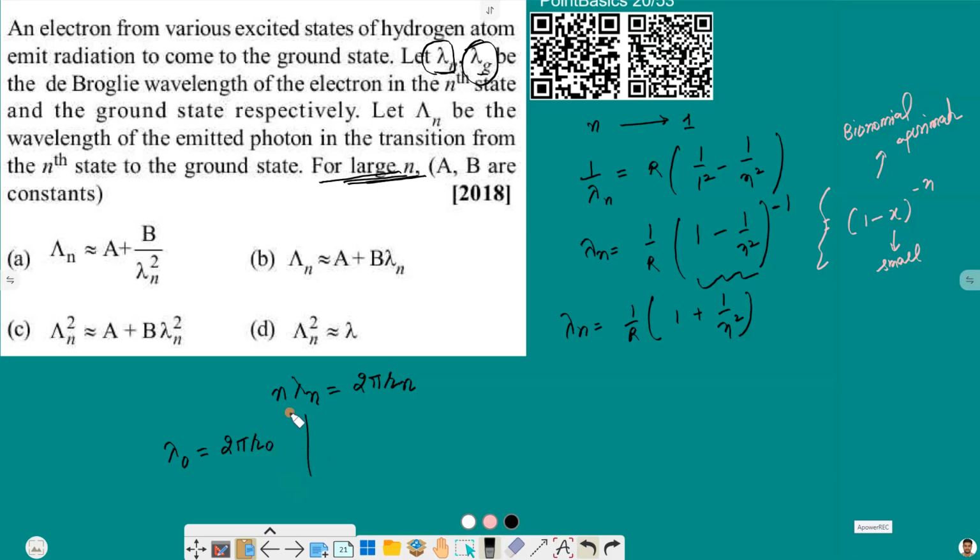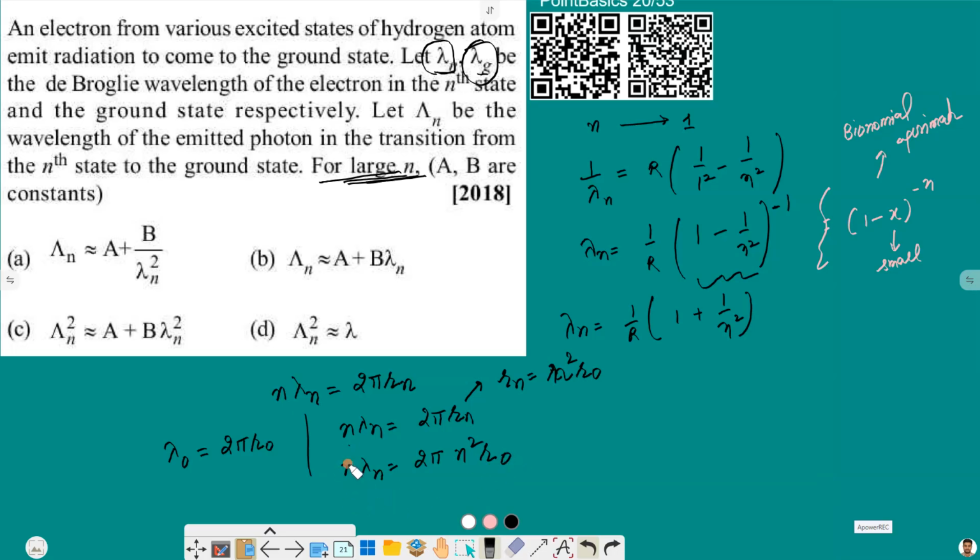And for the nth level, lambda n is equal to 2 pi Rn, and we can substitute the value of Rn here. Rn will be equal to n square times R naught. So n lambda n will be equal to 2 pi n square times R naught.